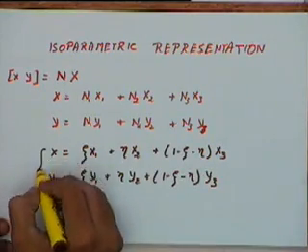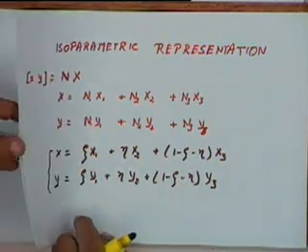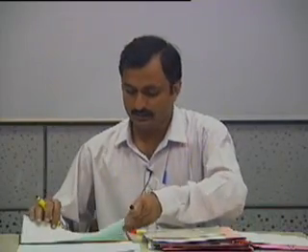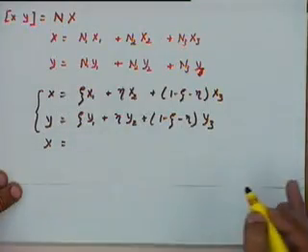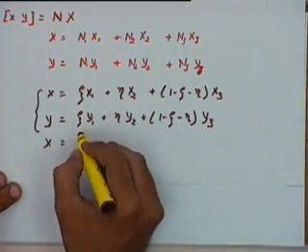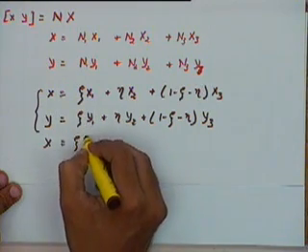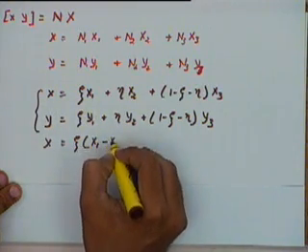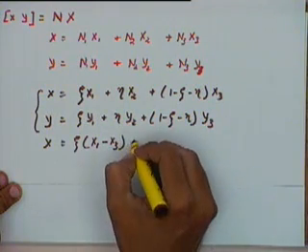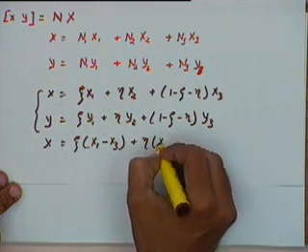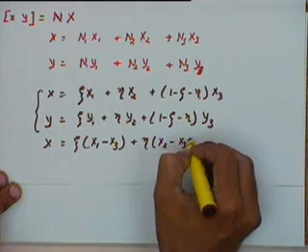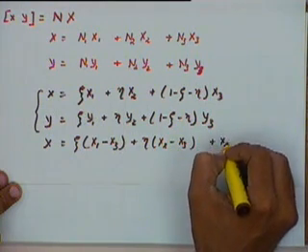I will simplify these further and get x equal to zeta times x1 minus x3 plus eta times x2 minus x3 plus x3.